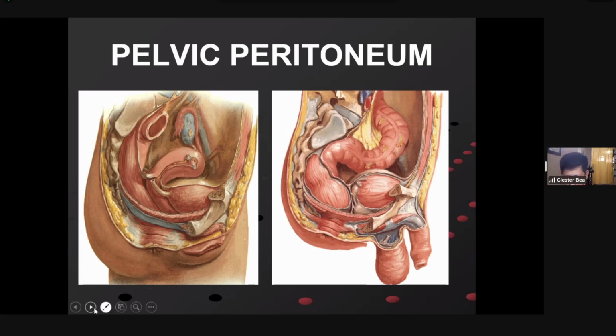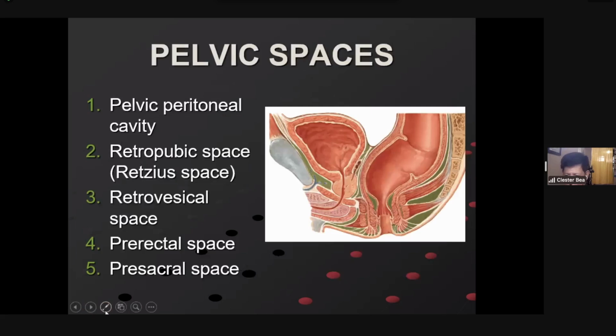So let's go to the different pelvic spaces. You have your retropubic space of Retzius, which is this part here, found immediately posterior to the pubic bone but anterior to the urinary bladder. You have your retrovesical space, meaning behind the urinary bladder but in front of the rectum.